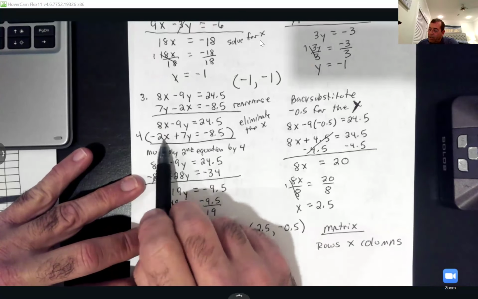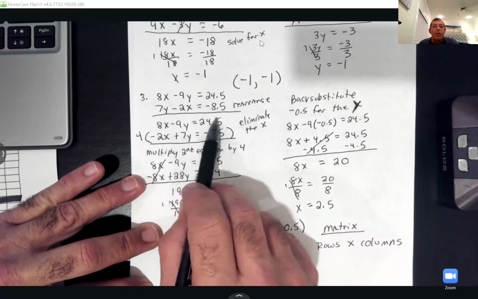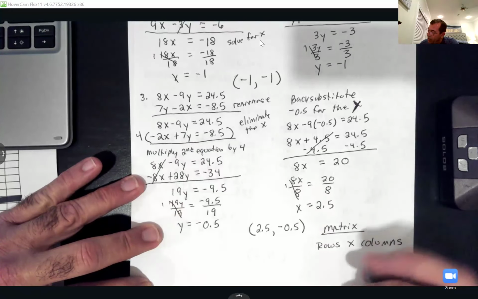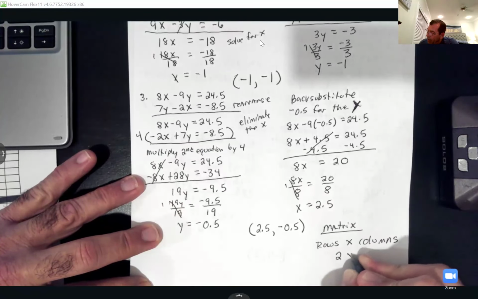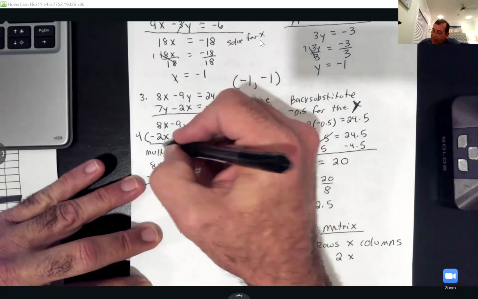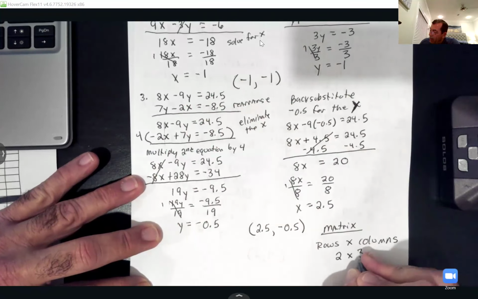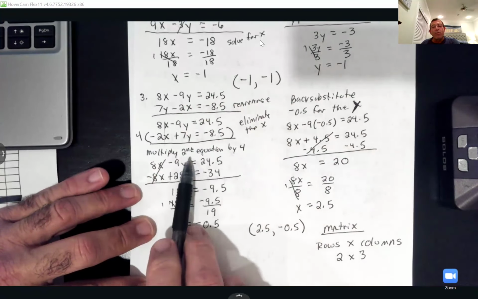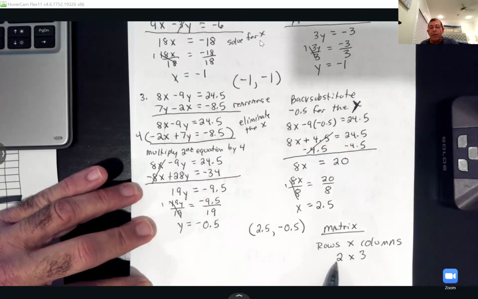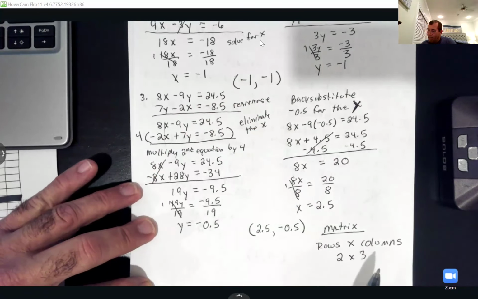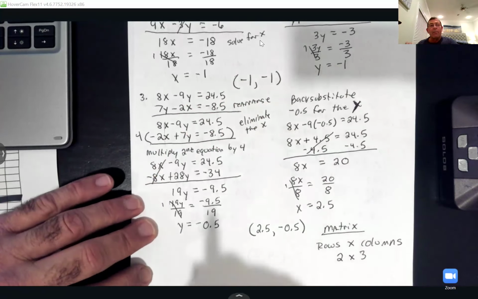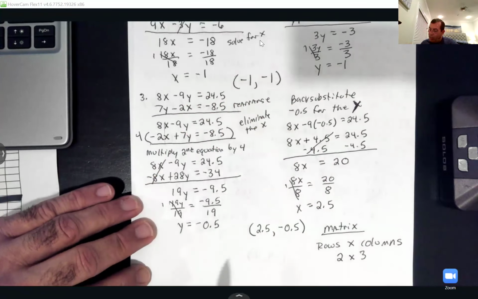So these two variable equations have 2 rows for the 2 equations times the number of columns. They got the x column, the y column, and the answer column. So when we do a system of 2 variables in the matrix, it'll be a 2 by 3 matrix we're making, okay?